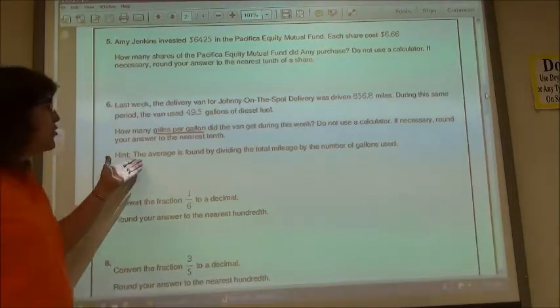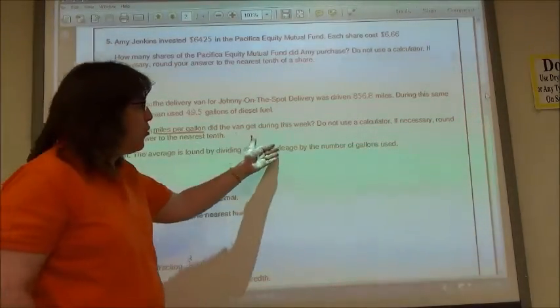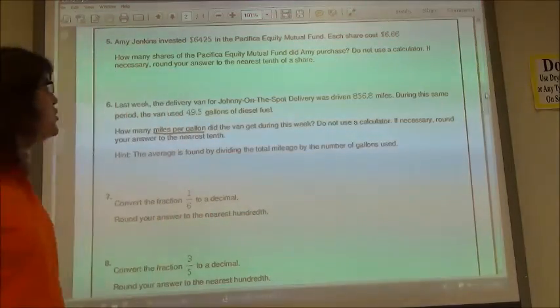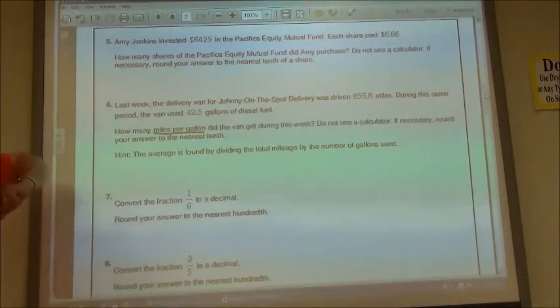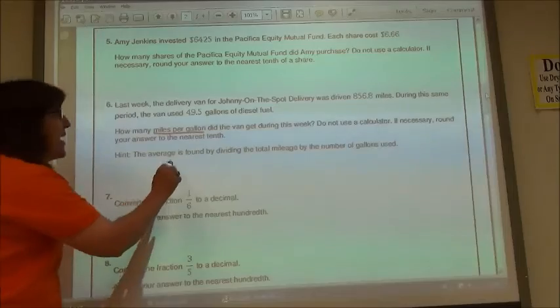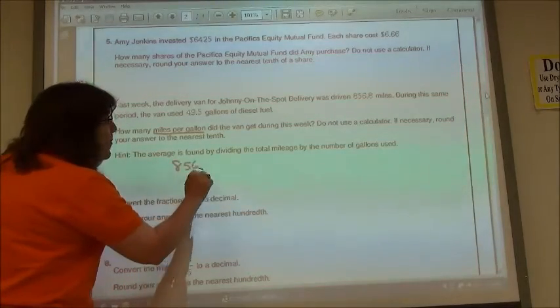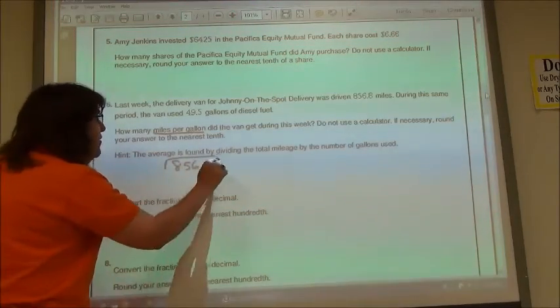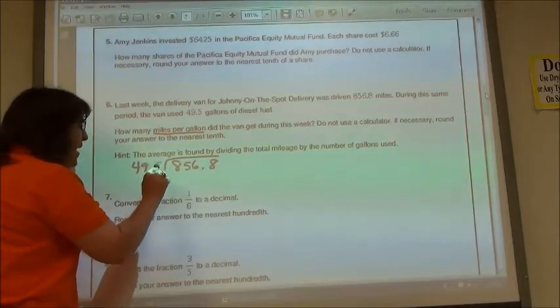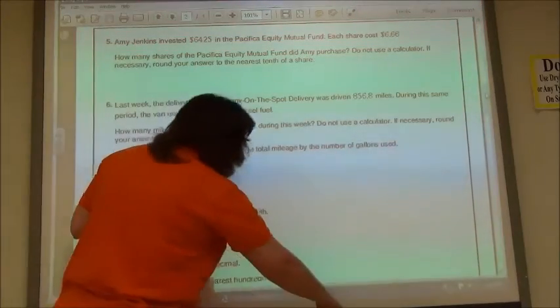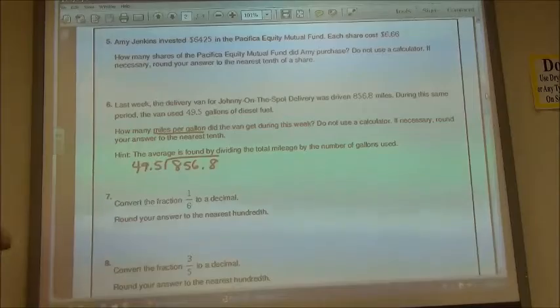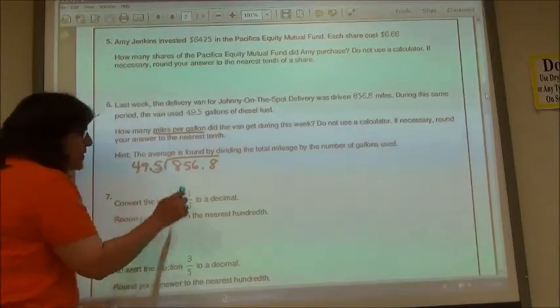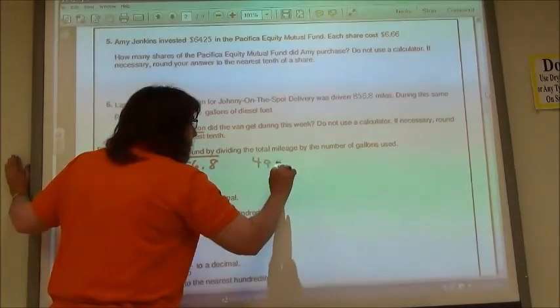And here again it tells you the average is found by dividing the total miles by the total number of gallons used, which is what miles per gallon means. So we're going to take 856.8 miles, we're going to divide it by the 49.5. Again, our divisor has to be a whole number, so we've got to move the decimal one place, making that 495.